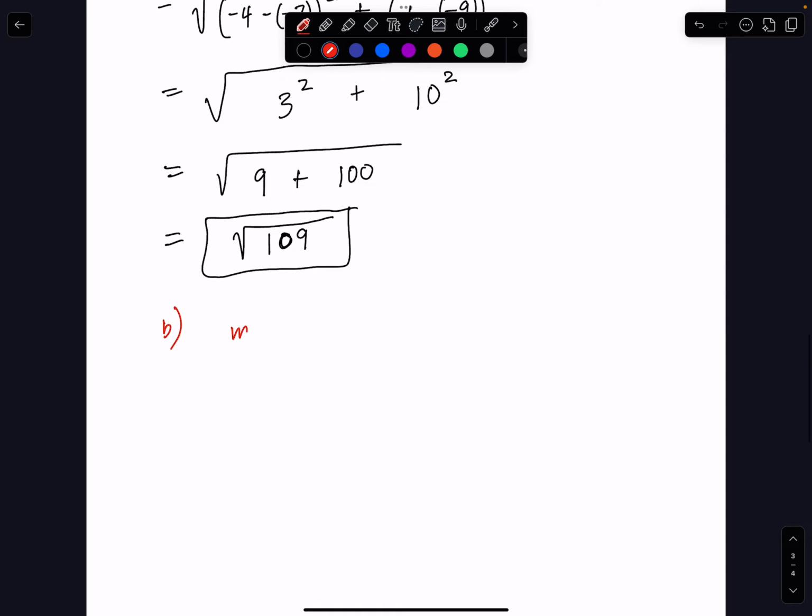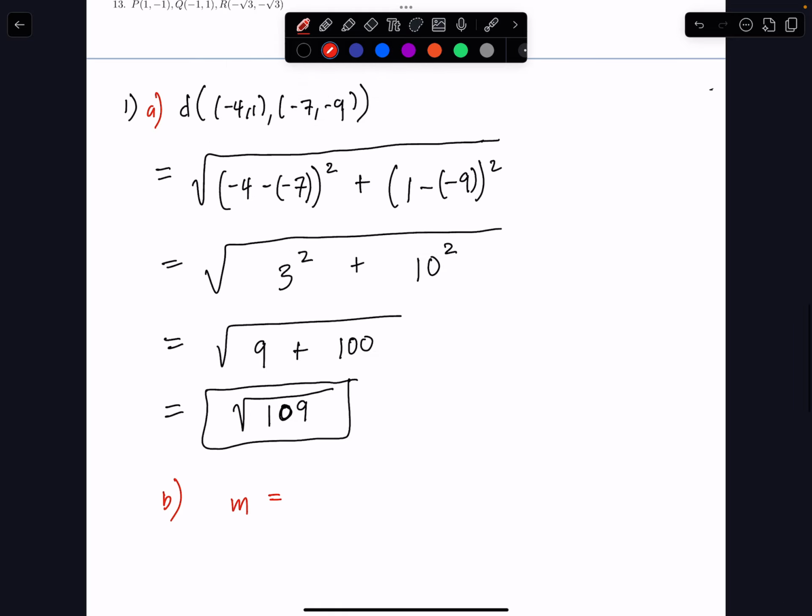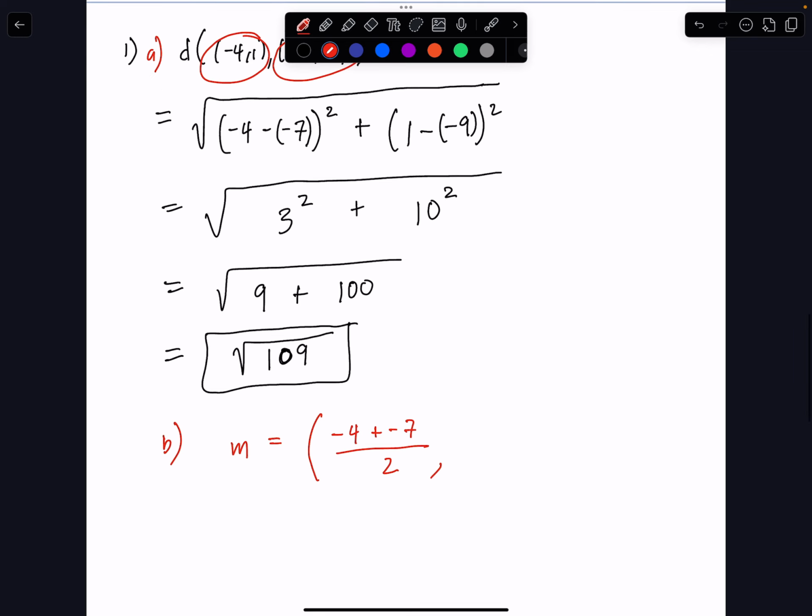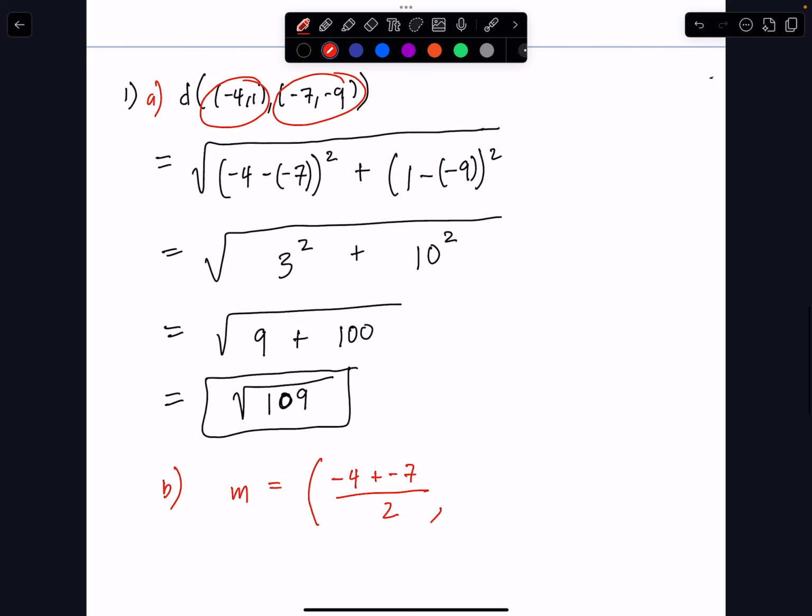So M, the midpoint, is, okay, here are my two points, (-4, 1) and (-7, -9). It should be x1 plus x2 divided by 2. That's my x coordinate. And by the way, this is how you show your work: easy, simple, one step, plug it into the formula. The y coordinate would be 1 plus -9, also divided by 2.